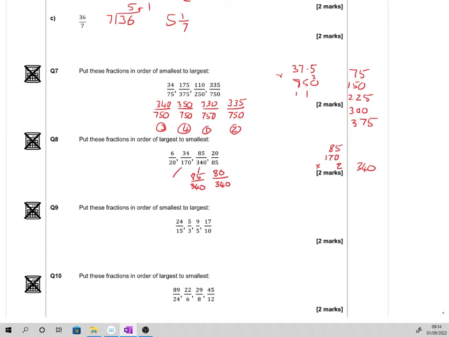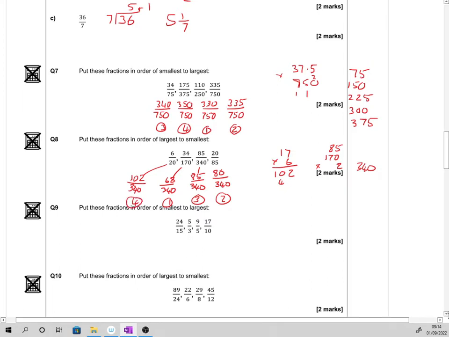Double that one, 68 over 340. And what to do with that one to get 340? Times it by 17. So that gives me 340. And 6 times 17, 6 sevens are 42, 102 over 340. So smallest is that one, then that one, then that one, then that one.